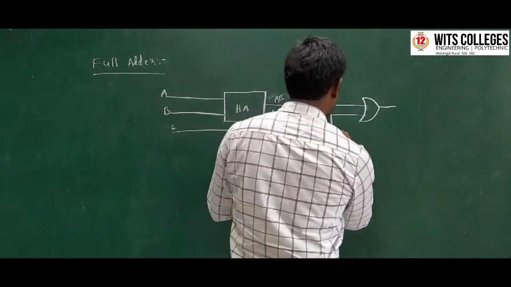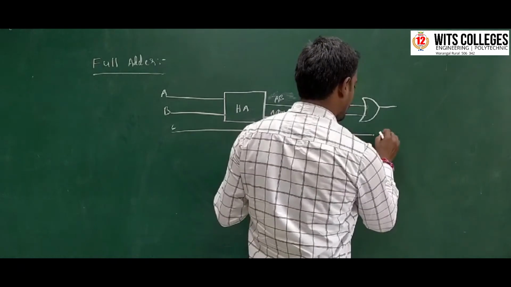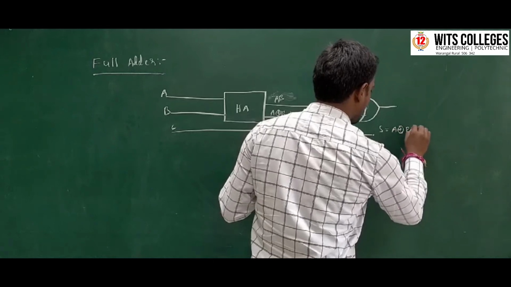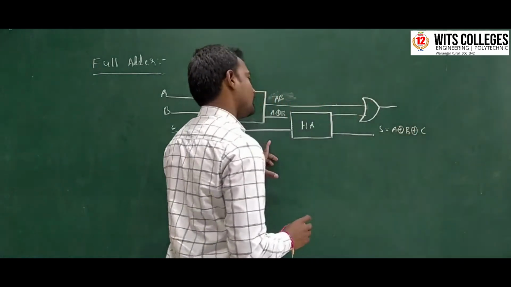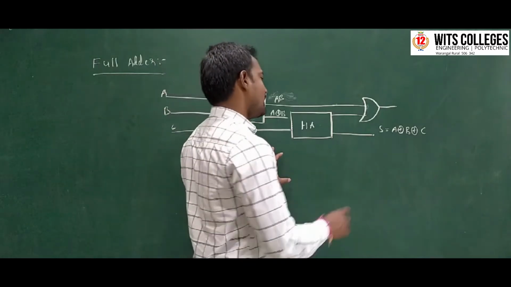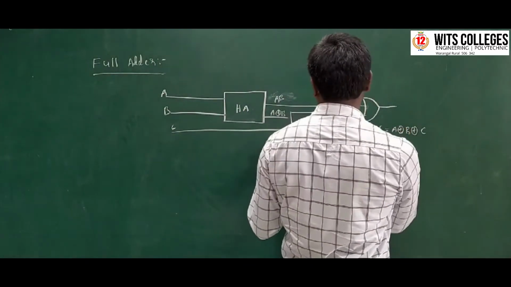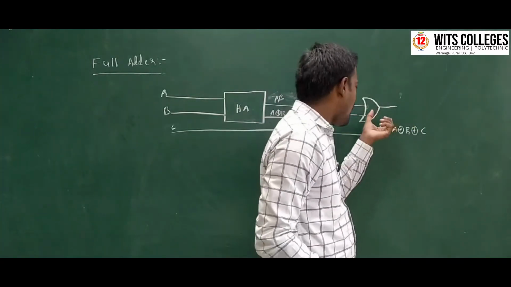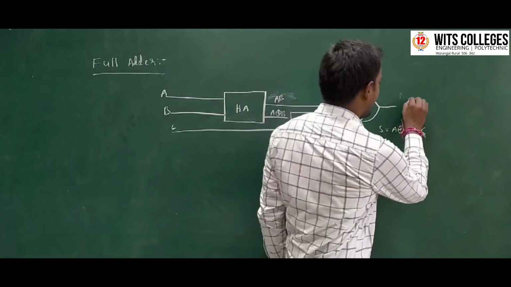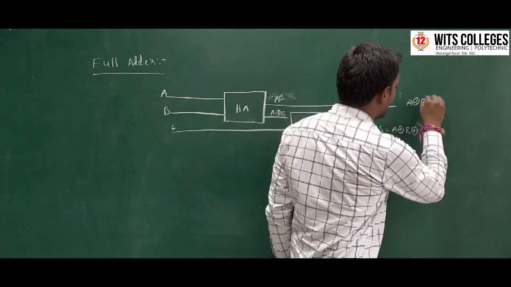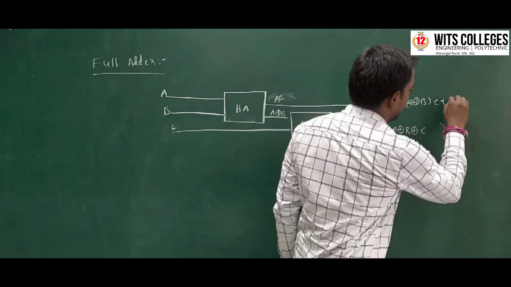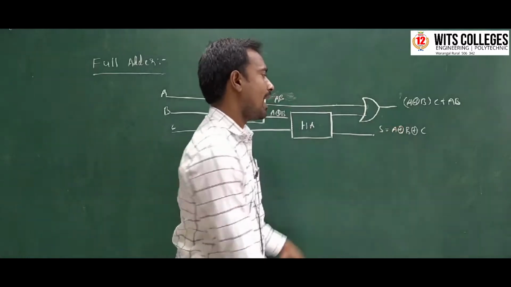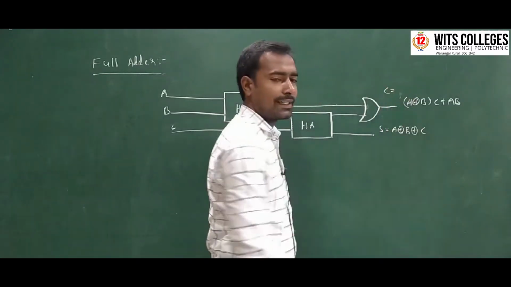So here the total sum output is equal to A exclusive OR B exclusive OR C. And this gives the output of A into B. Here the OR gate gives the output of A exclusive OR B into C plus A into B. So the output is added in this OR gate, and this is the carry output.